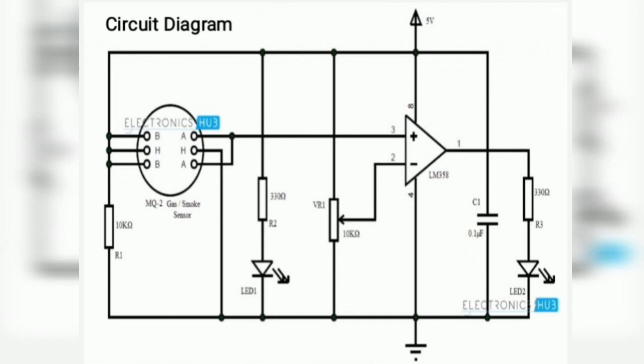In this circuit, we can see the operational amplifier LM358 acts as a comparator. The inverting terminal of LM358 is connected to a potentiometer so that the sensitivity of the circuit can be adjusted. The output of LM358 is given to an LED as an indicator, although a buzzer can be added to use as an alarm.